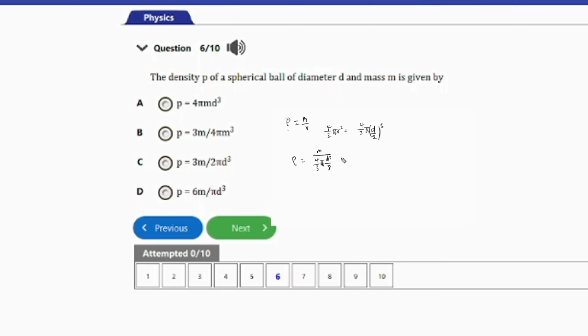So that will be 4 over 3 pi d cube over 8. So guys, now inputting this in the entire equation, density is going to be m divided by 4 over 3 pi d cube over 8.